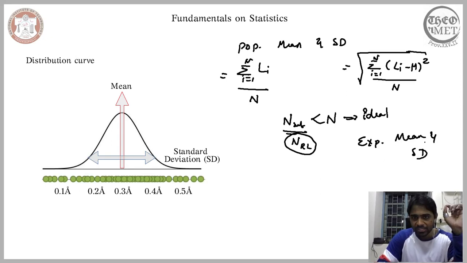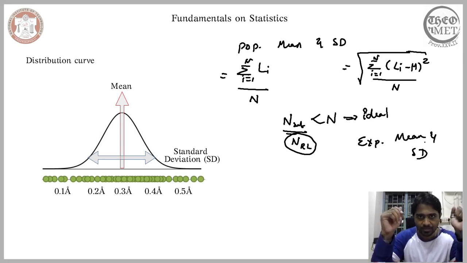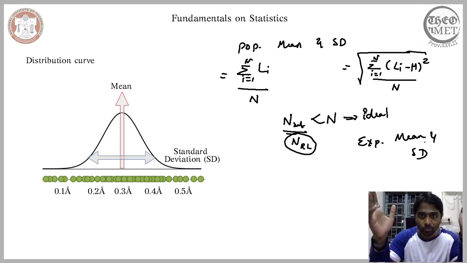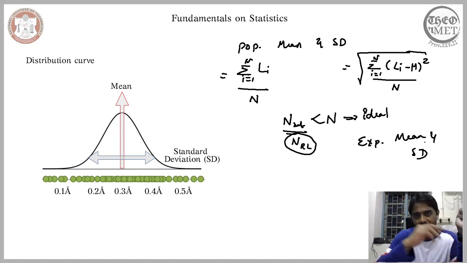So the population mean and standard deviation come when the population that you have is of an ideal size, and very rarely will we have a population of an ideal size; often the population that is accessible to us will be much lower than the ideal population.